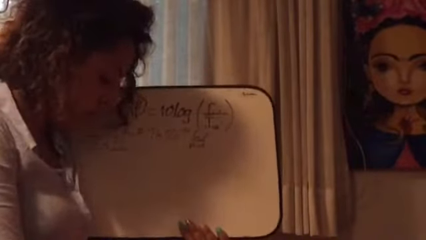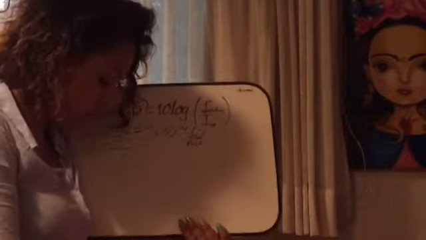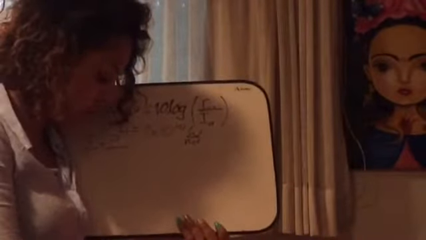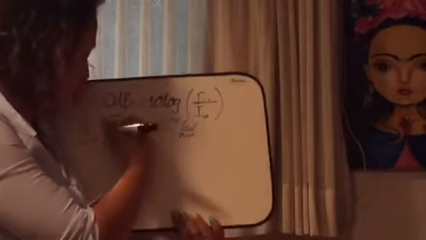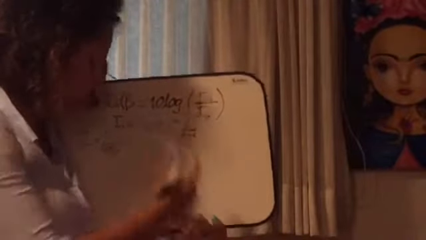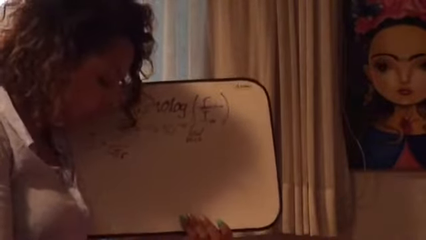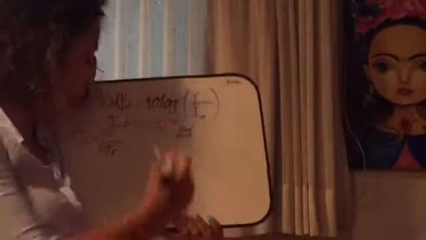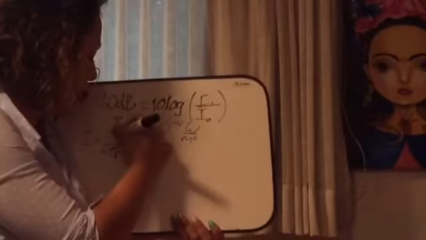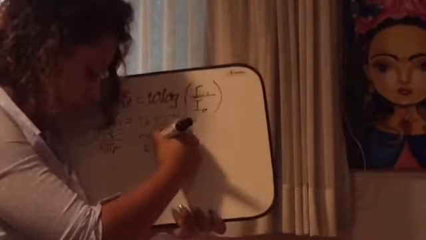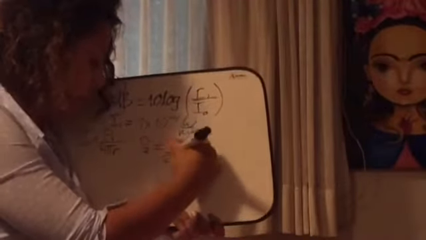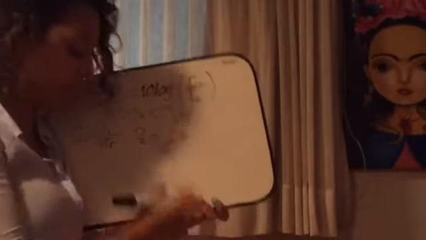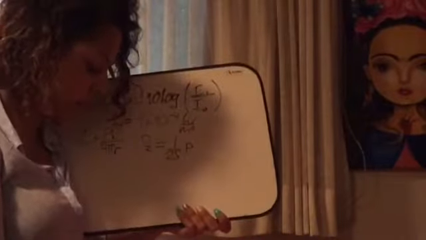And we also know that intensity should be equal to the power divided by 4 pi r squared, right? So in this case, we know that the second power should be equal to 1/25 of the first power.